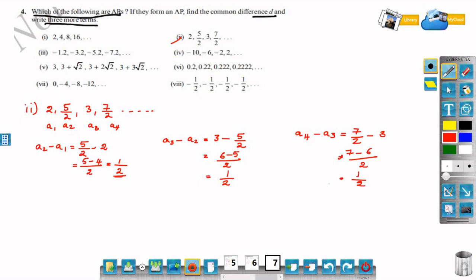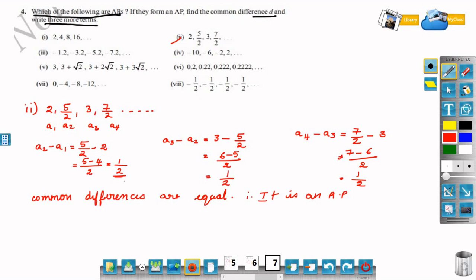All the common differences are equal. Therefore, it is an AP. If it is an AP, find the common difference.